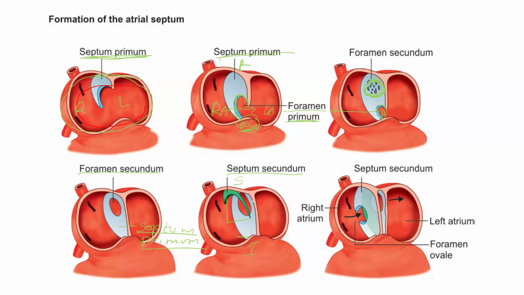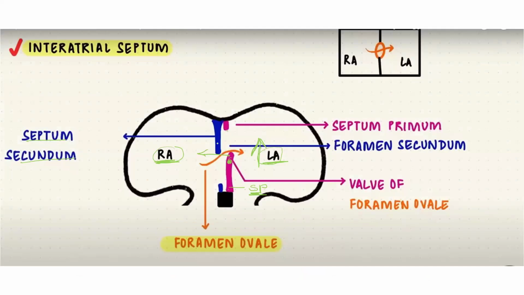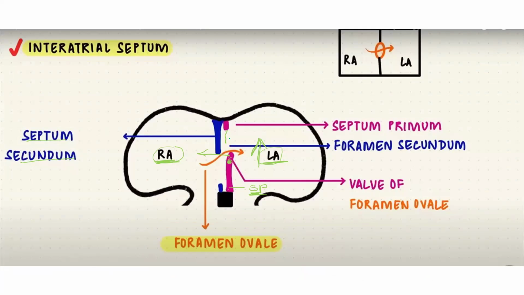Name of the foramen at septum secundum. Now, the septum secundum does not have a foramen. Okay, so let me go back here. This foramen here in the septum primum, that's the foramen secundum, FS.